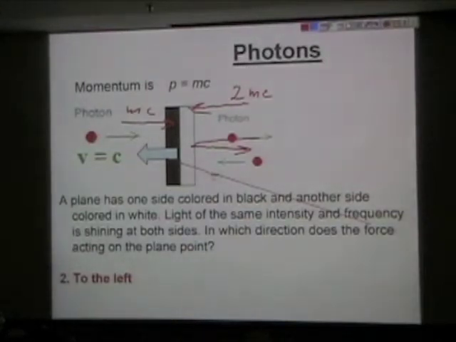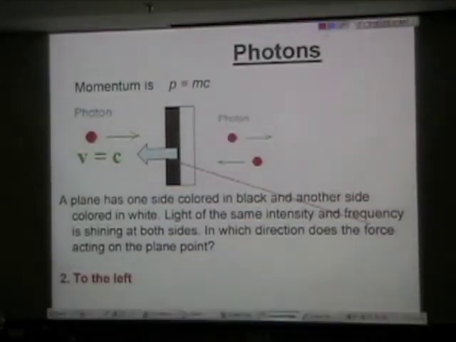So we have a stronger force pointing to the left.